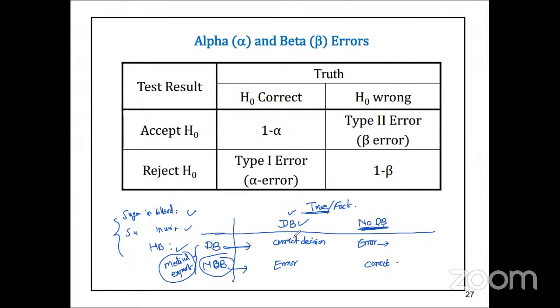So look at this: this is a correct decision, but these are the kinds of errors, and they are very dangerous. What kind of danger is there? Given that I was not having diabetes, but the practitioner said that you have diabetes, I'll start the course for diabetes patients.